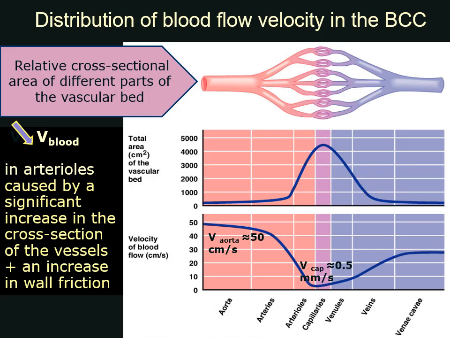Due to the change in the cross-sectional area of various sections of the vascular bed, the speed of movement also changes. Pay attention to the lower graph. In the lower graph, the first point I'm pointing to now is the blood flow rate in the aorta. Even in a state of physiological rest, this speed can be from 0.5 up to 1 meter per second.